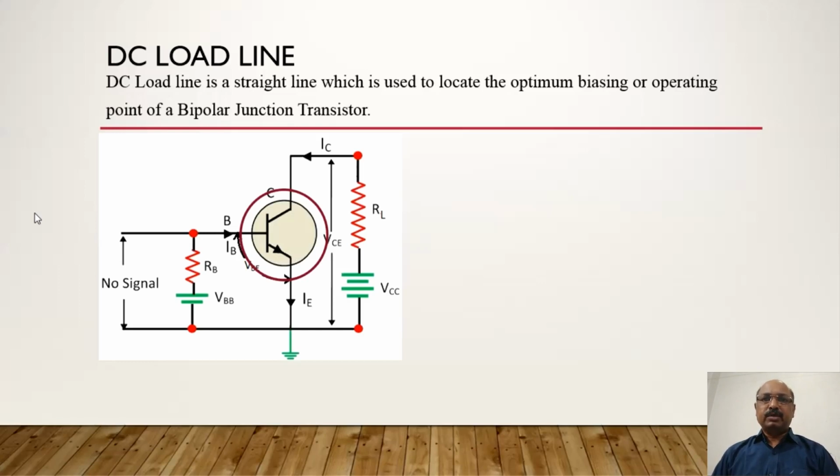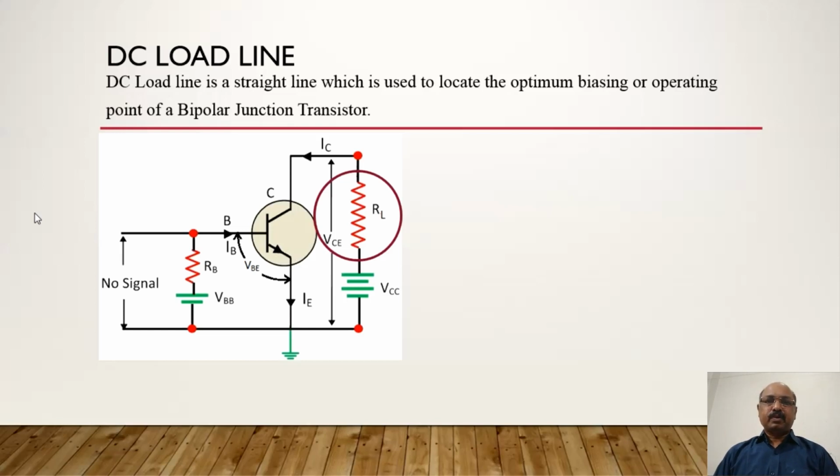Let us see, this is the NPN transistor. VBB and VCC are the biasing potentials. RB is the resistance connected in series with the base, and RL is the resistance connected in series with the collector.